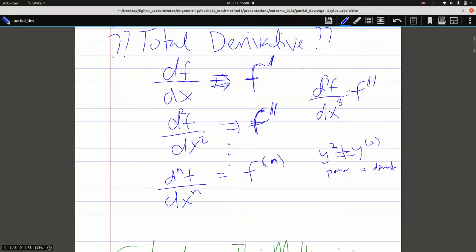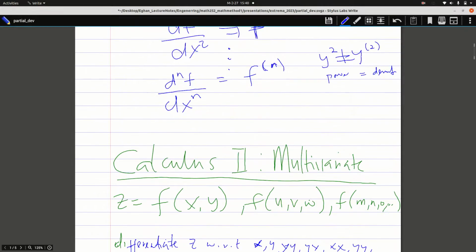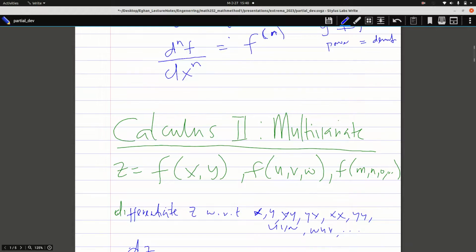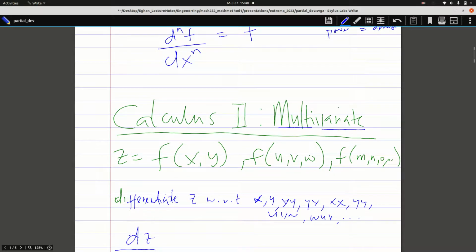We already know this. Now what do we have for multivariate calculus or calculus 2 or 3? It depends on your curriculum, but multivariate calculus has to do with multiple variables. It means that your function can depend on 2 independent variables or 3 independent variables or more.